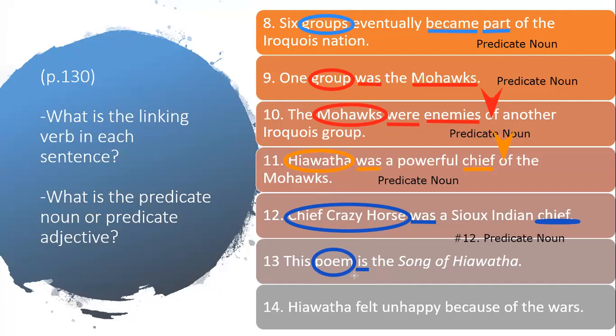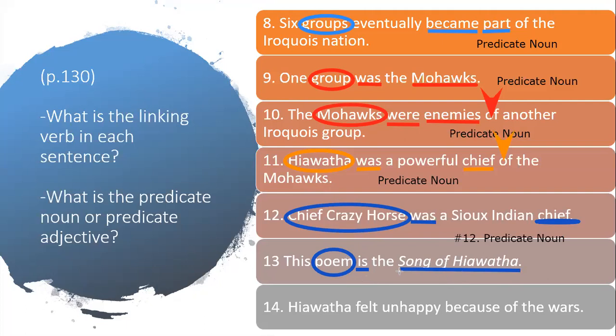And now, I forgot to mention, and I just saw this when I remembered, that a predicate noun can be a compound noun, which means that it could be more than one word. Remember that anytime you hear the word compound, you're going to think of two or more. And here I'm going to help you out because when you look at this Song of Hiawatha, this whole thing, it's renaming the poem because this is actually the name of the poem.